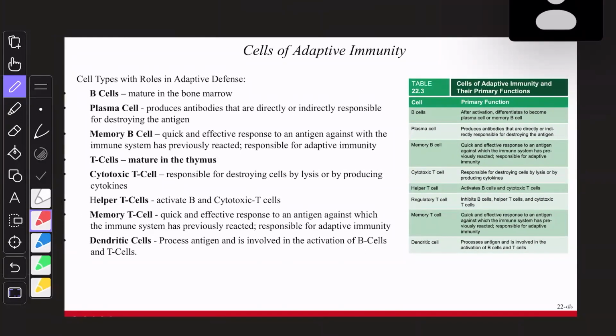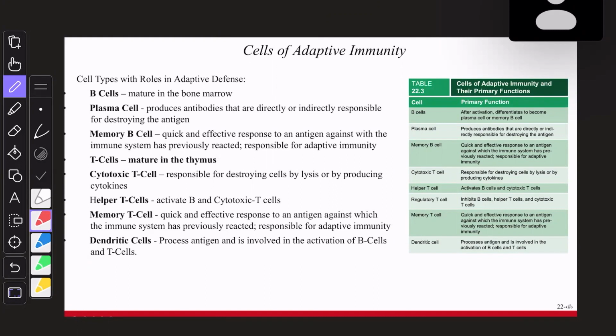Now, you'll notice a theme here. The B cells and the T cells. I had a question a minute ago about why one is named B cells and the other is named T cells. It's because they are named based on where they mature.